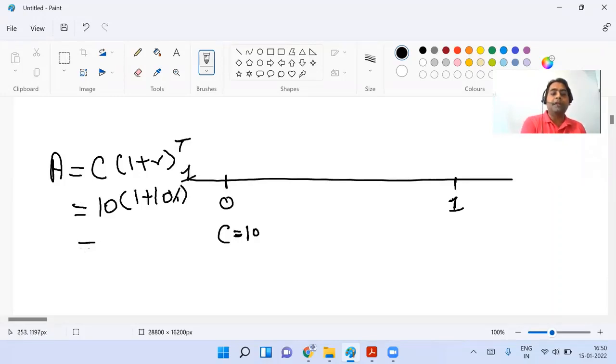So what will be the final amount that I have to pay? 11 rupees. I have created an option where at the start I have to pay nothing, but at maturity I will have to pay 11 rupees.